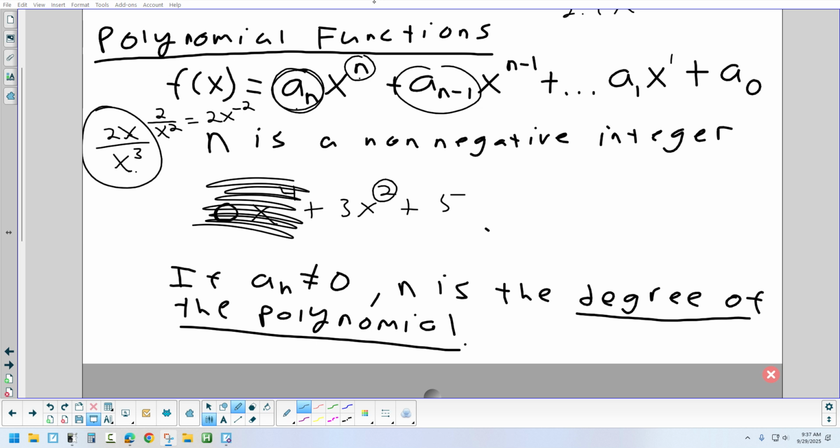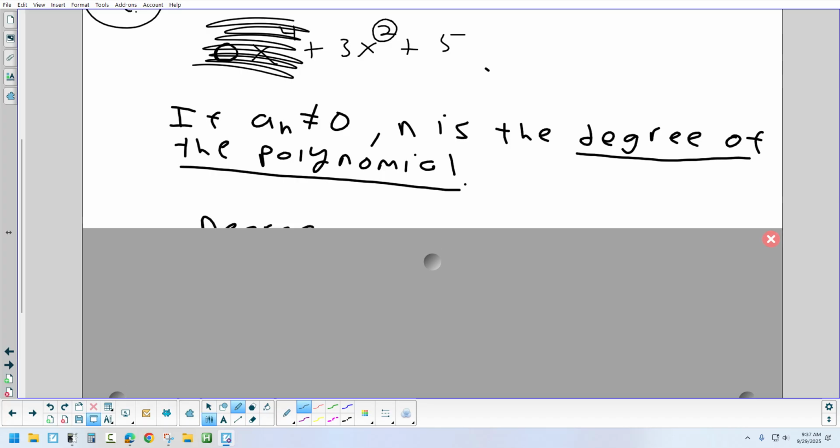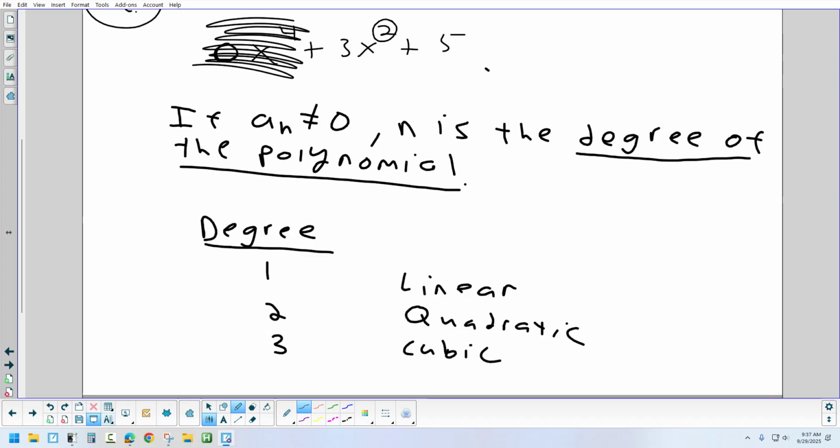Quadratic. And how about degree 3? How about Ethan? I don't know. Not sure. Anyone help him out? What's degree 3? Yeah? Cubic. So some polynomials have special names. Degree 0 is constant. Degree 4 is quartic.